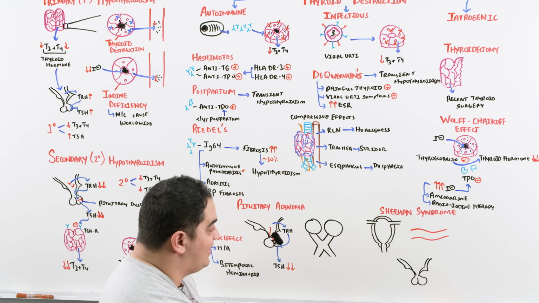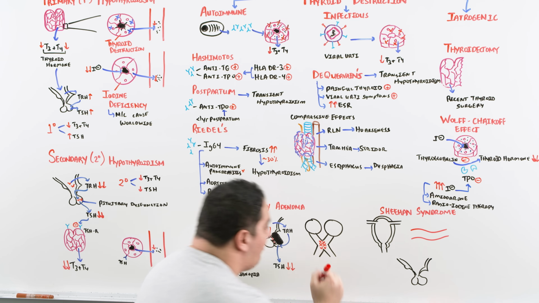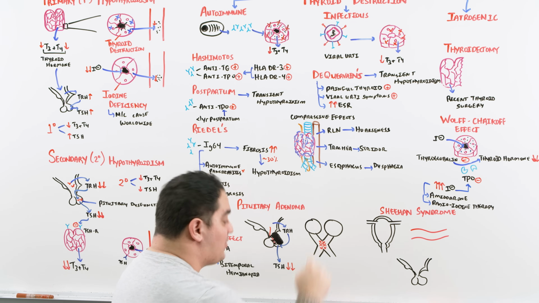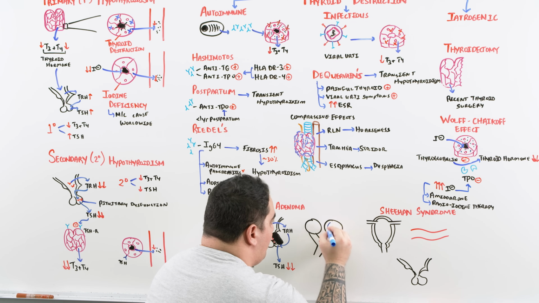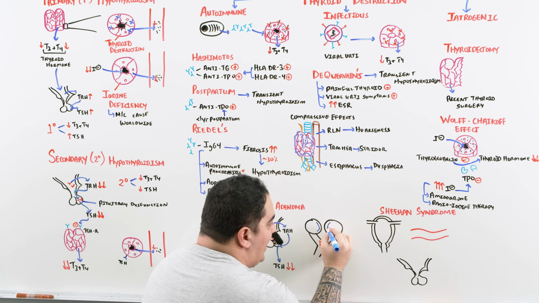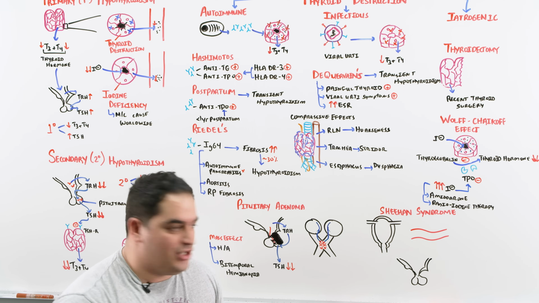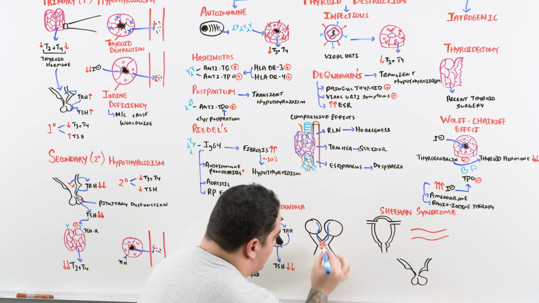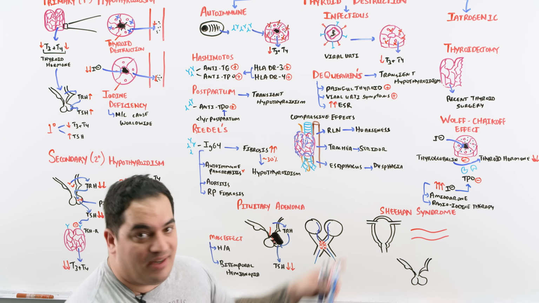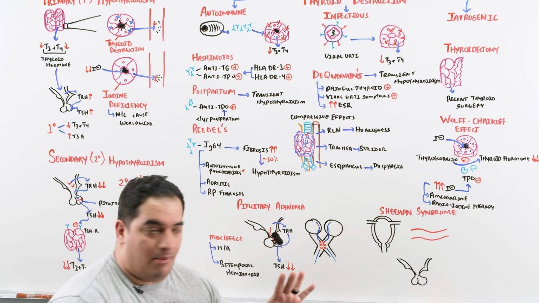So if I have a mass that's compressing right here, I'm hitting all the fibers coming from these areas. Generally this is a visual field here, this is a visual field here, and it picks up your lateral, and your lateral, running right through this area here. That's why you're getting this injury. It's supposed to cross here, and I'm losing the visual field in my temporal fields. All right, pituitary adenoma, big one to remember.